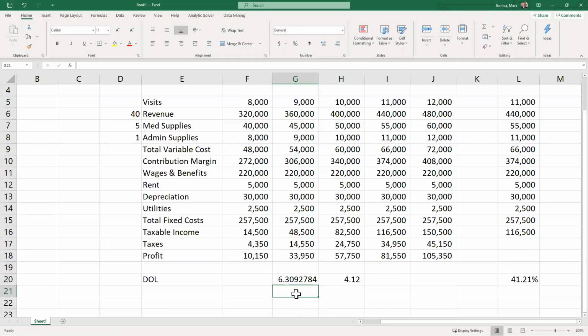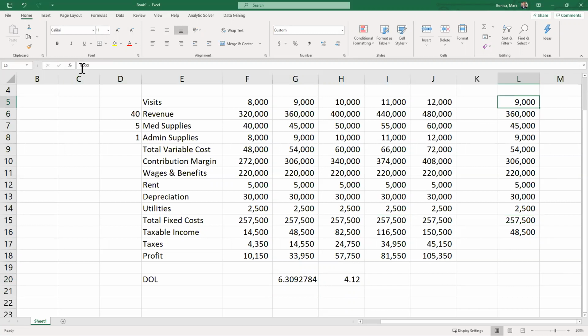So if we have a 10% increase over our 9,000, let's do that. Let's put in 9,000 over here now, so our columns match up, right?